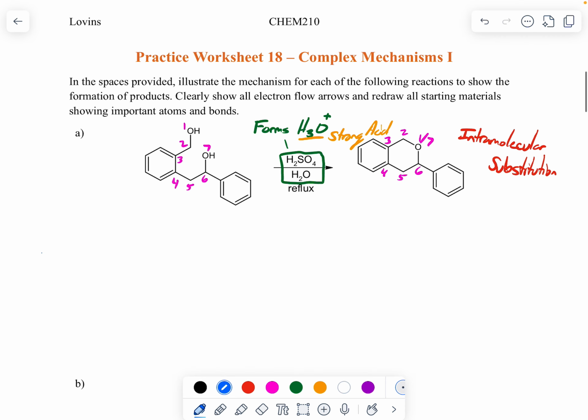So, as per usual, we're going to redraw the starting materials just so that we have that good practice down, because we're then going to use these to draw out our next steps. So, this is the starting material, and we also know we have H3O+, that's going to be starting out in this reaction. Whenever we look at these reagents, we have to ask ourselves, well, clearly we see the acid.